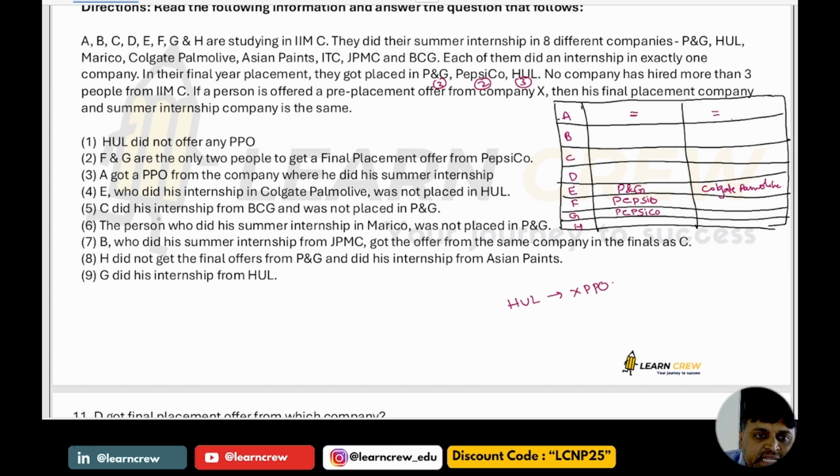Next, C did his internship from BCG, and was not placed in P&G. It is not P&G, which means definitely it has to be HUL.